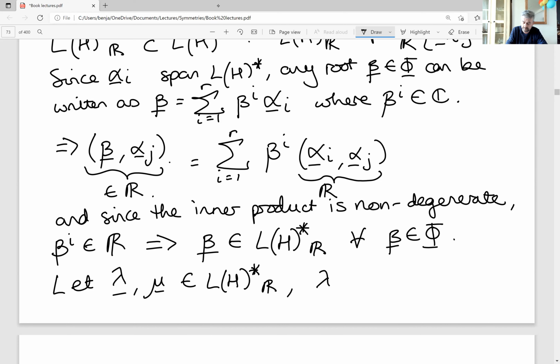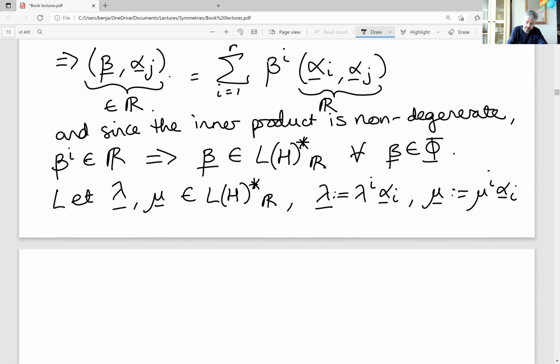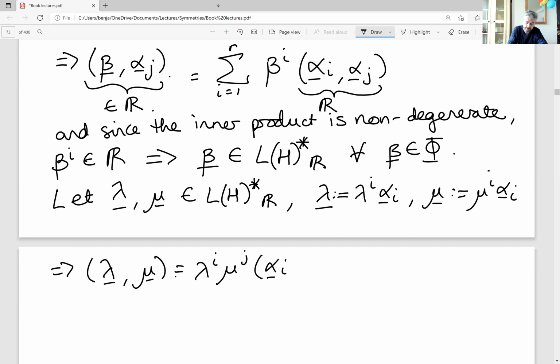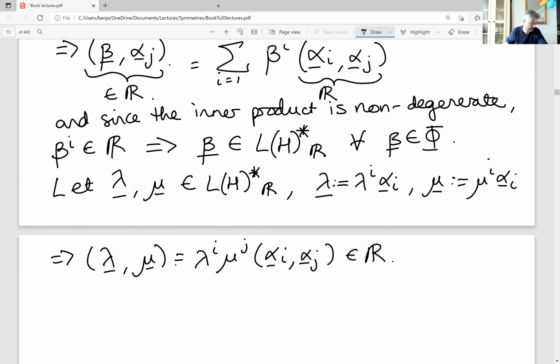And so again, lambda is defined to be lambda I alpha I, and mu is defined to be mu I alpha I. Okay, so this implies that the inner product between the two, lambda I mu j alpha I alpha j, is real, of course.